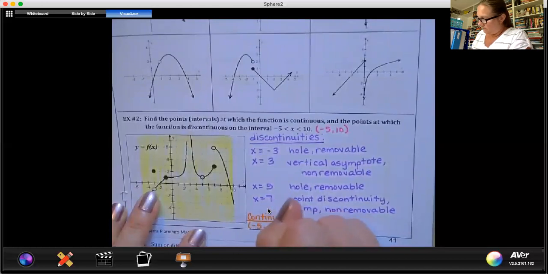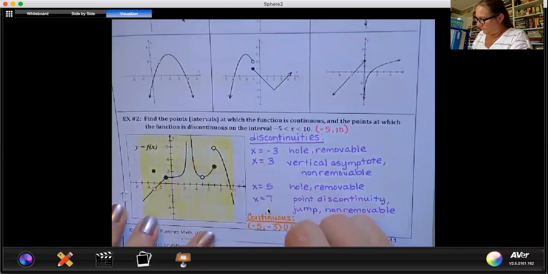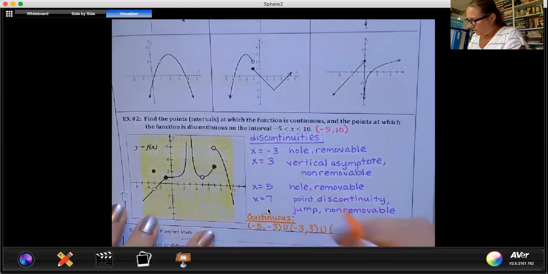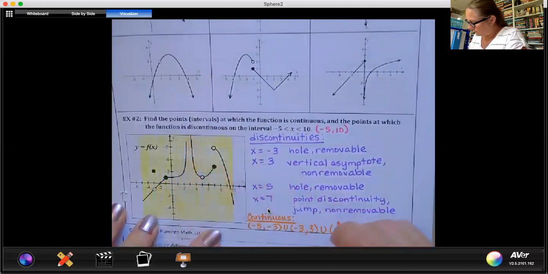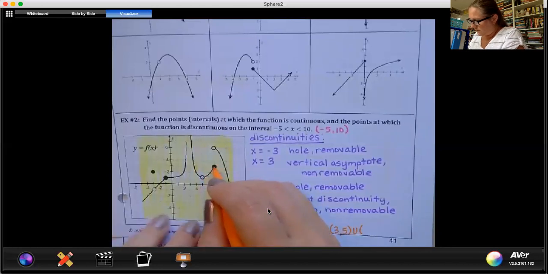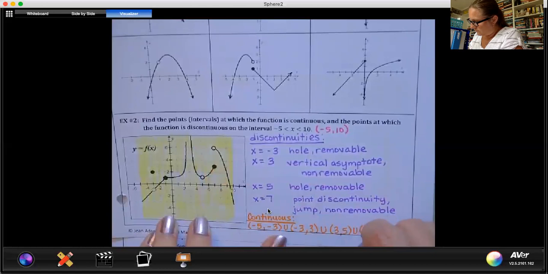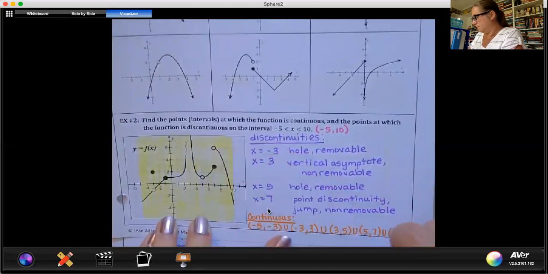And then we go from -3 to +3. Then we go from 3 to 5, from 5 to 7, and from 7 to 10.